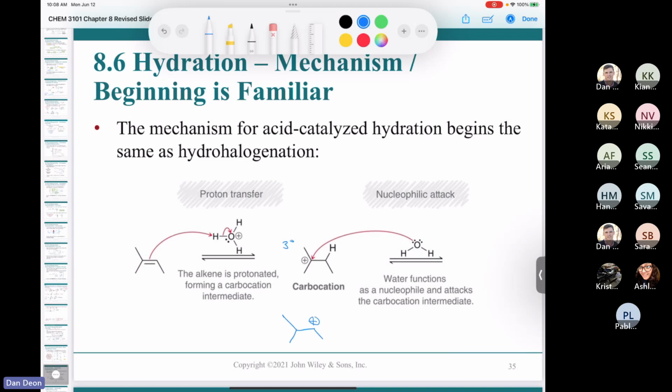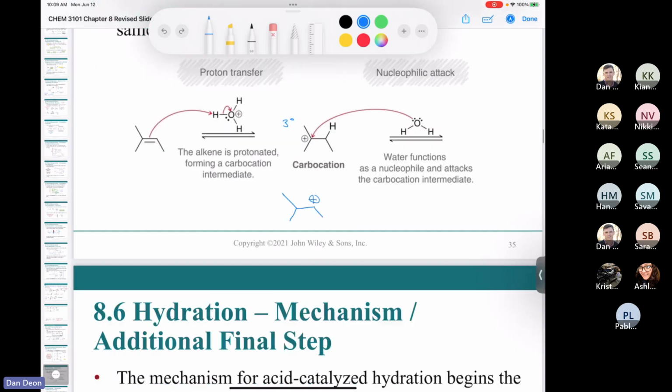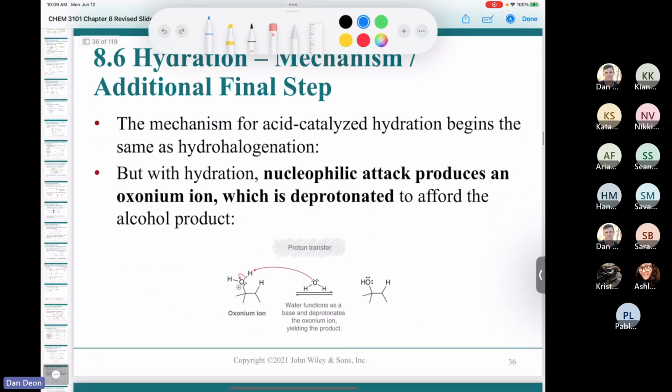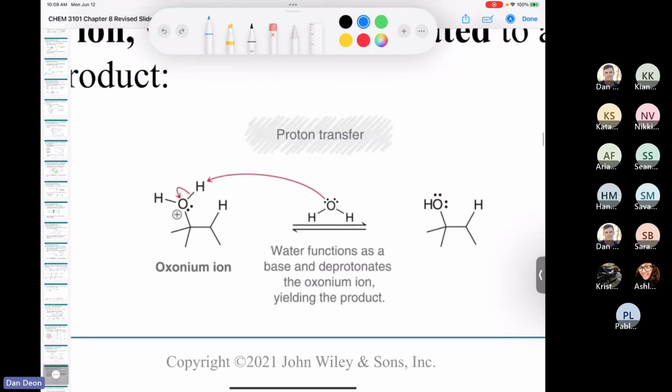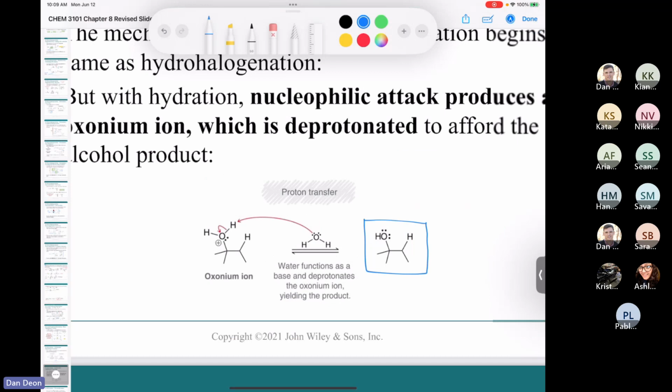The next step is a nucleophilic attack of water, but we have an extra proton transfer, don't we? Because after the nucleophilic attack, we end up with an oxonium ion, and that oxonium ion has to be deprotonated in order to restore neutrality and give us our alcohol. So there you go, Markovnikov addition of water across an alkene.